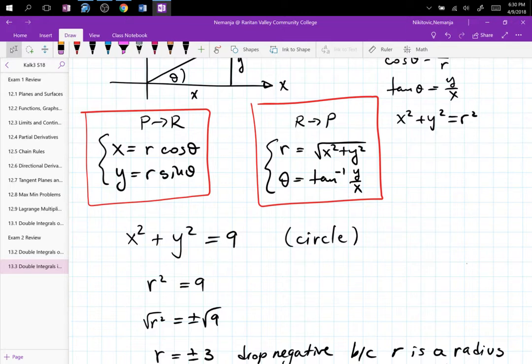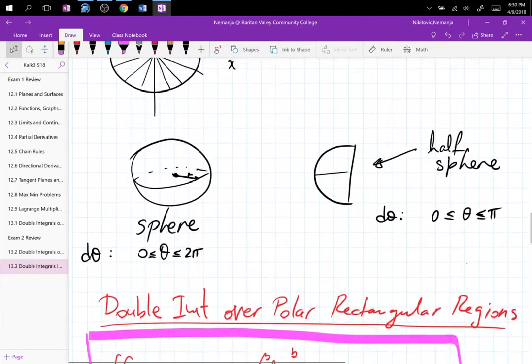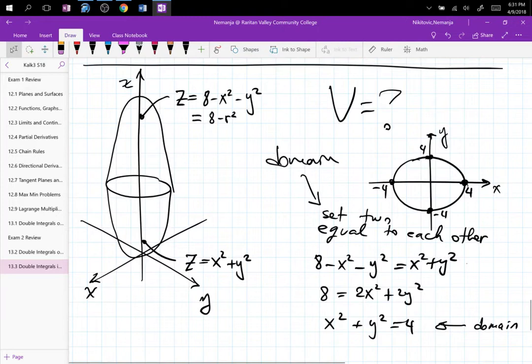Because this formula over here is a conversion formula between two realms. If you have x squared plus y squared, that's immediately r squared. So we have that part, and obviously the one on the bottom is much easier to deal with now because that's just equal to r squared. So I have the top shape to be 8 minus r squared, and the bottom shape to be just r squared.